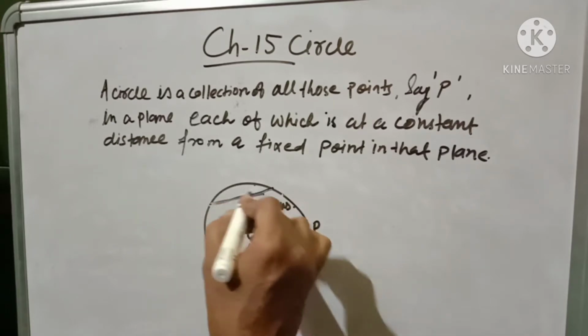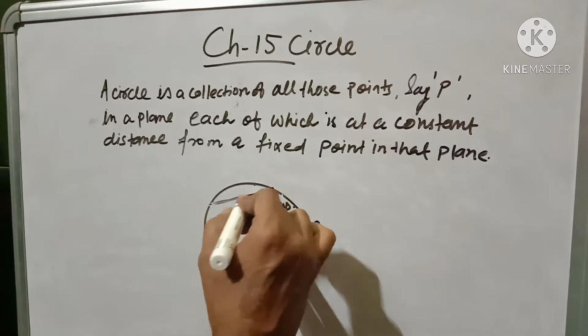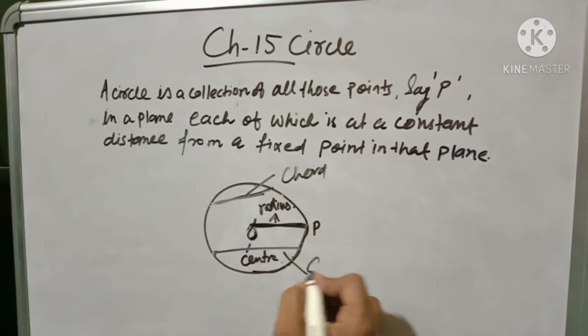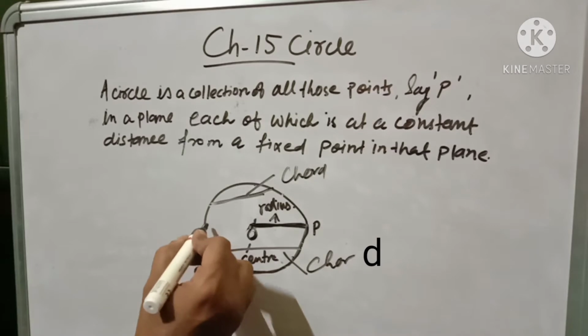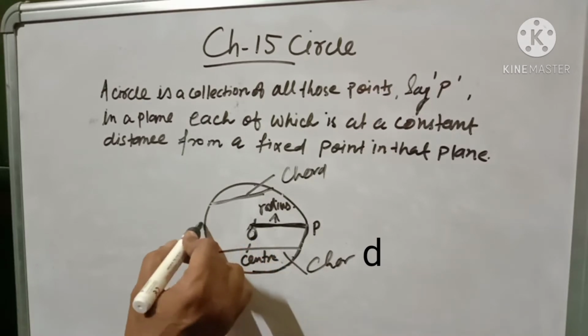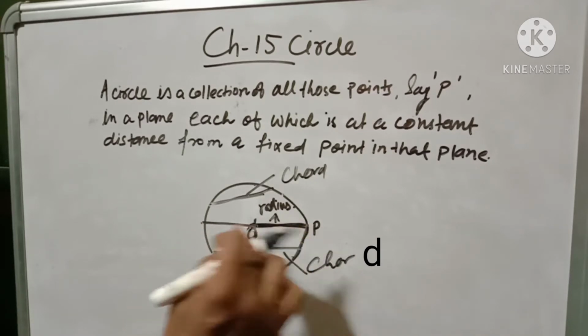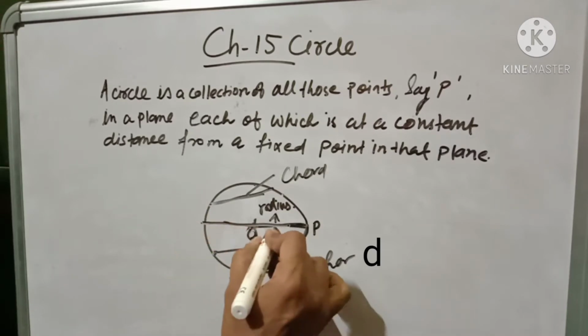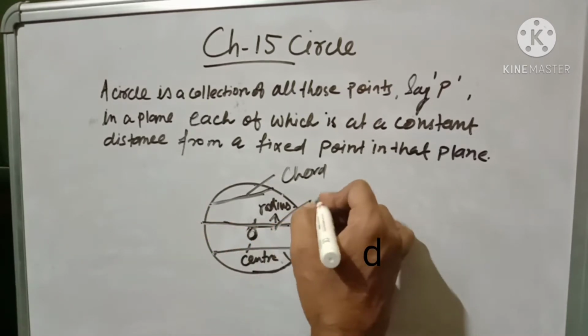Suppose this is one point and this is another point, join any two points. This is known as a chord. And as we know, diameter means twice the radius. This is one radius, this is one radius, so twice the radius. This is the longest chord of a circle. This is known as a diameter.